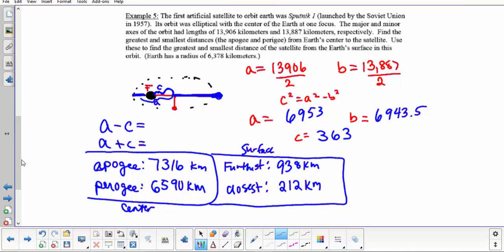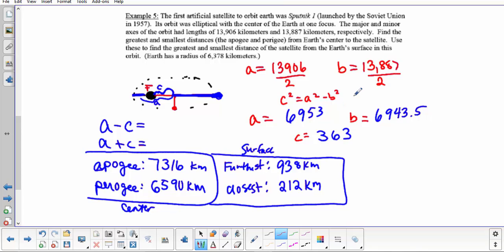Okay, so the first thing we have to do is figure out the distance from the center to the vertices and the center to the covertices. So we can see here that the major and minor axes were 13,906. So we're going to divide that by 2 to get our A value. Then B, the minor axis, was 13,887. We're also going to divide that by 2.